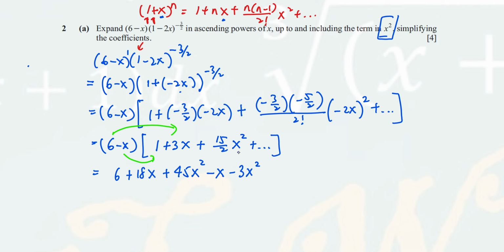Now, negative x times the x squared is already x cubed. And as per requested in the question, we just need to solve the question up to x squared. Therefore, the last term, I will just ignore it. Okay, and now simplify all the terms. You will be getting 6 plus 17x plus 42x squared. So that will be our binomial expansion.